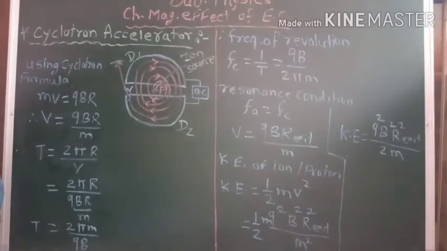Hello everyone. At the last lecture, we started a new chapter. The name is Magnetic Effect Due to Electric Current, in which we studied magnetic forces, in which we determined the Lorentz force and the cyclotron formula, that is mv = qBr.